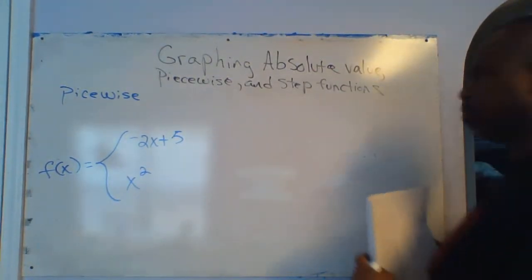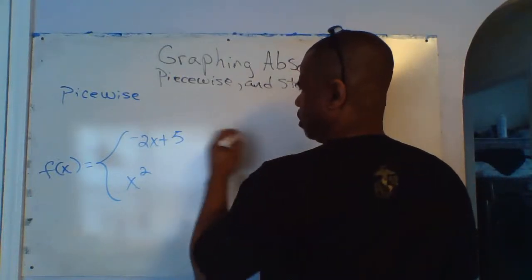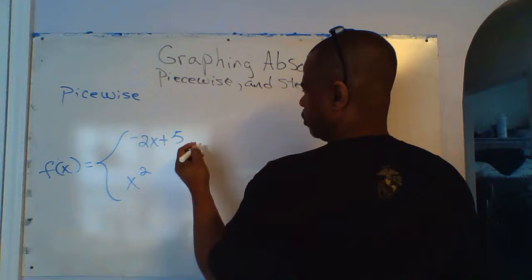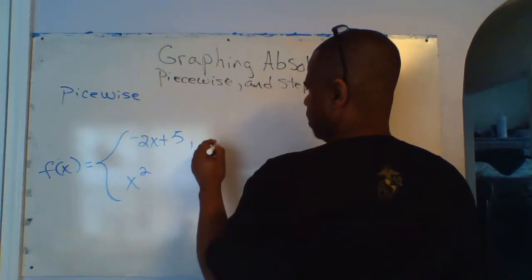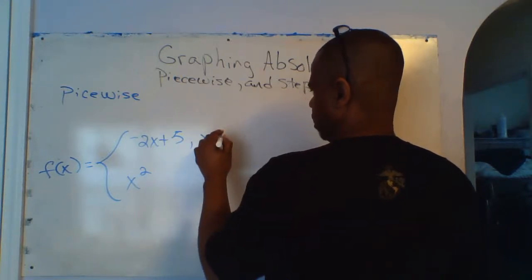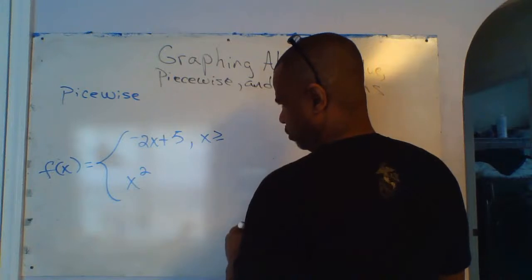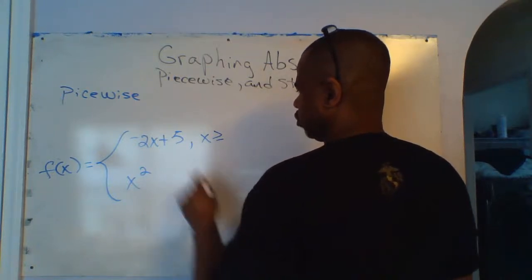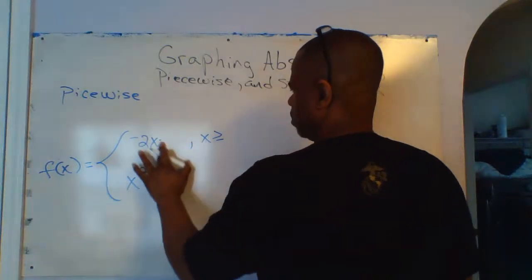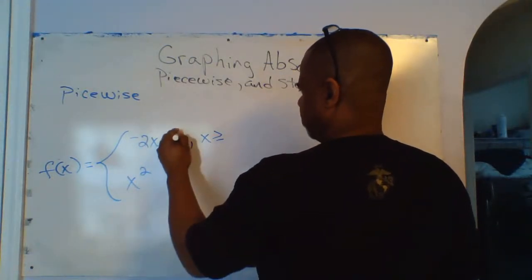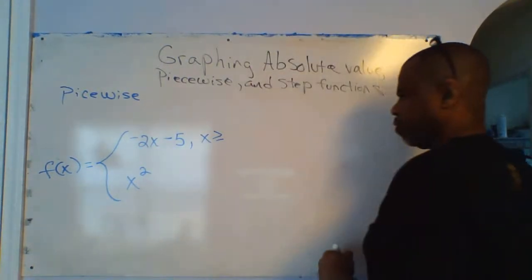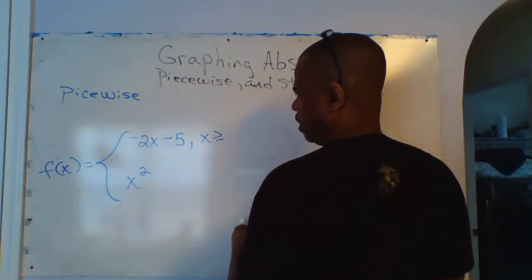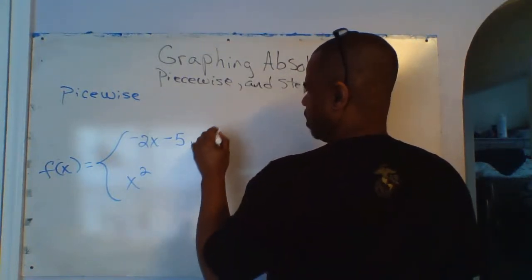And our restrictions are going to be that x is greater than or equal to... no, let's change this to a negative 5. And then we're going to make this x is greater than or equal to a negative 4.